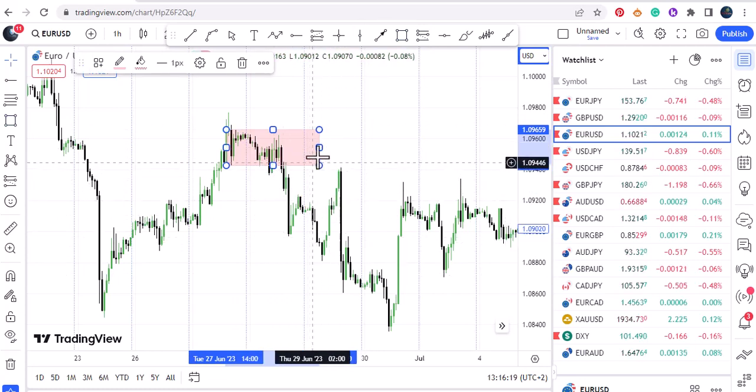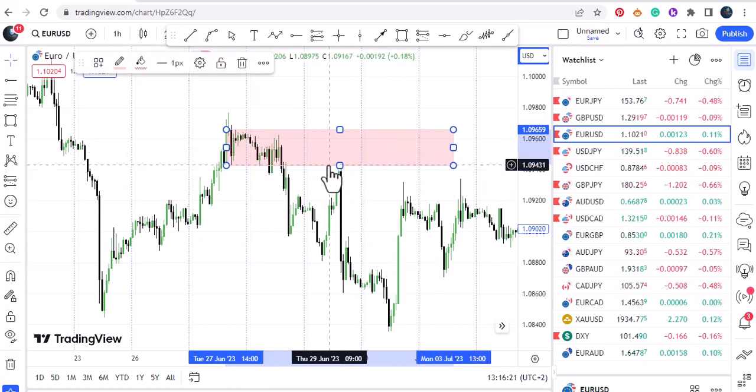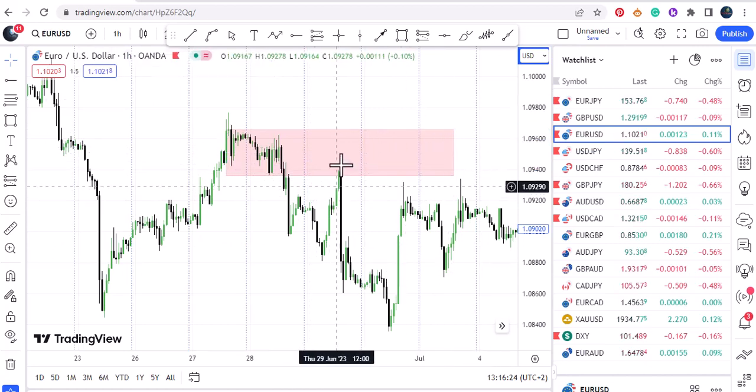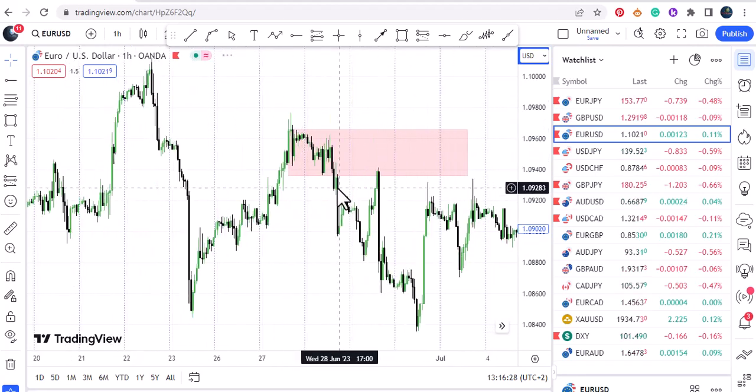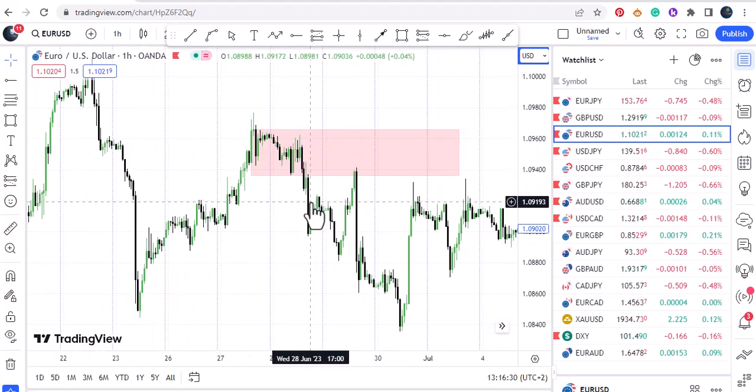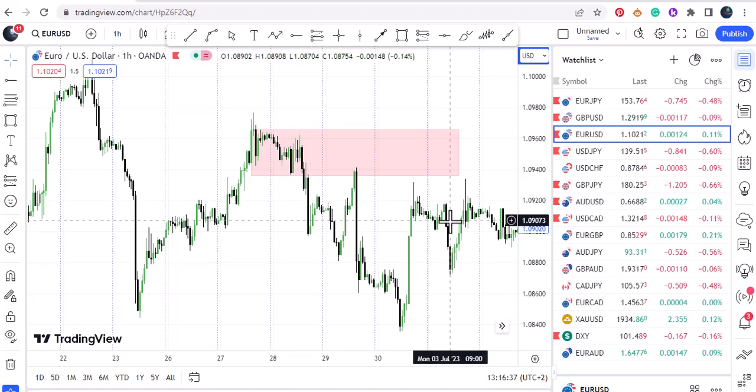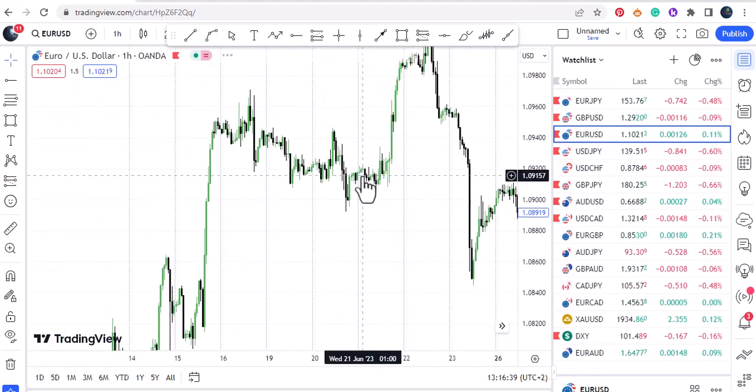So this would be your trade if price comes back to this zone. So you see price is trading back to that zone, and the stop loss is going to go above that zone, or you are going to be refining that zone so that you can reduce your stop loss or your exposure in terms of the risk that you are going to stake on that trade.